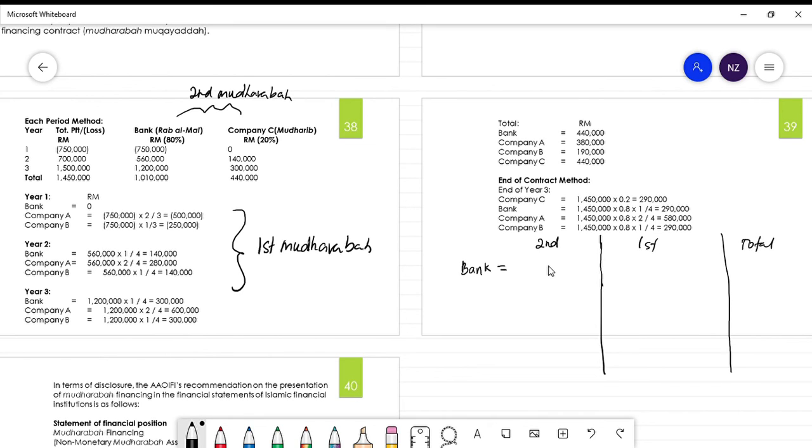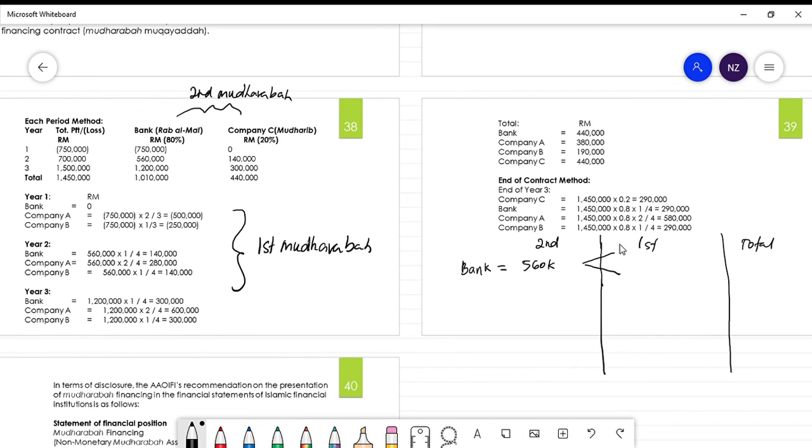Okay, kita calculate lah kan dia punya profit untuk bank ni kan. So kita kena tambahkan profit bank ni sebenarnya dapat berapa kalau kita tambahkan second mudharabah with the first mudharabah punya profit. So now from the second mudharabah kita tahu bank dapat 560k. Betul tak? 560k. Tapi 560k ni kena dikongsi kan dengan CA and CB.